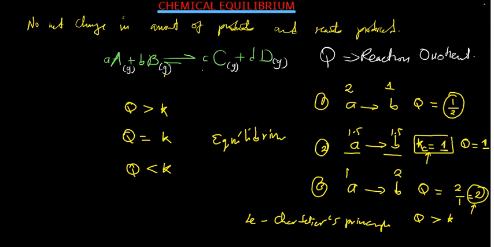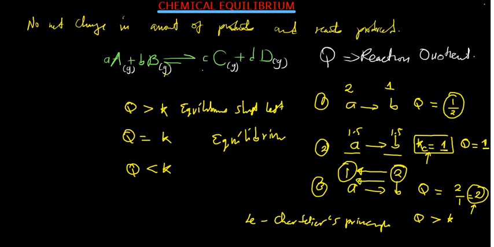So in this case, the concentration of the product is more. That means the products are going to react to form the reactants, so that the concentration here reduces and the concentration here increases. And so when Q is greater than K, the equilibrium is going to shift left. So it will be going towards the reactants to form more reactants.